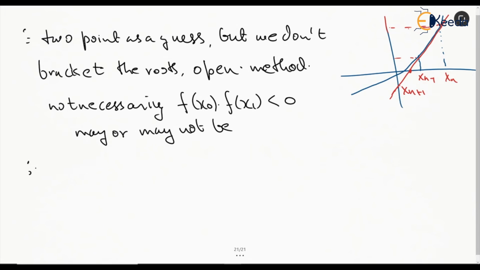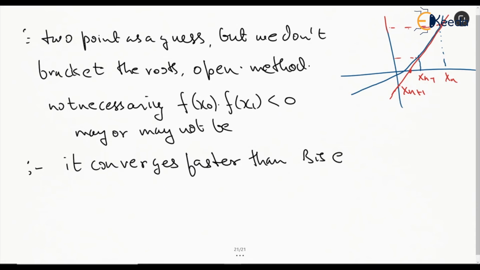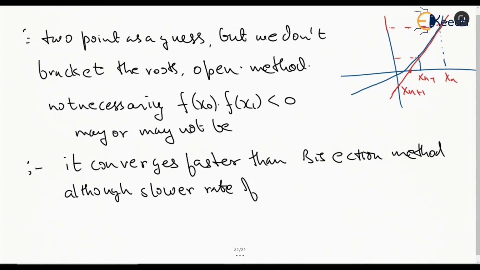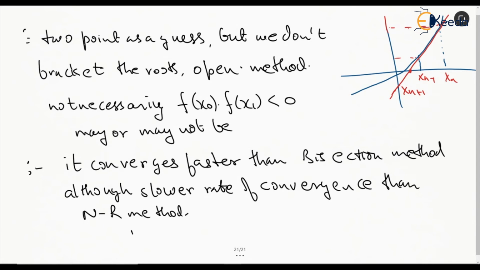So the good thing is it converges faster than the bisection method, although with a slower rate of convergence than the Newton-Raphson method, but also it may or may not converge.